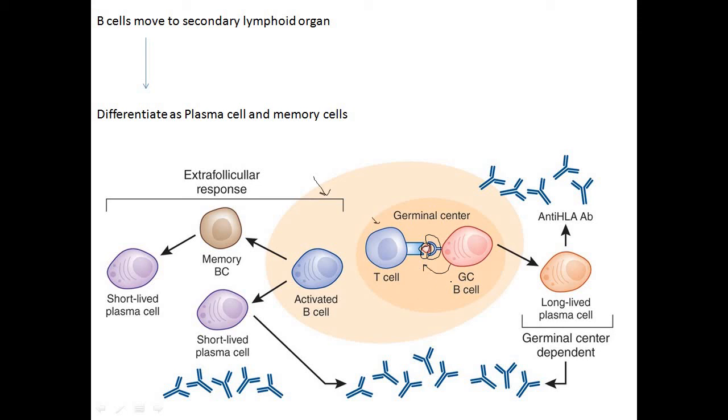Okay, so these B cells will then be divided into plasma cells as well as memory cells. The plasma cells are the effector cells that will remove the pathogen from the body. Okay, and finally the complement system will come. The complement system will remove this complex of antigen and antibody.